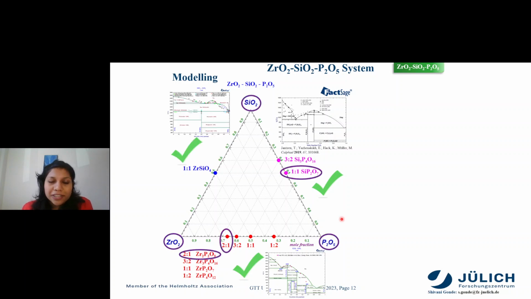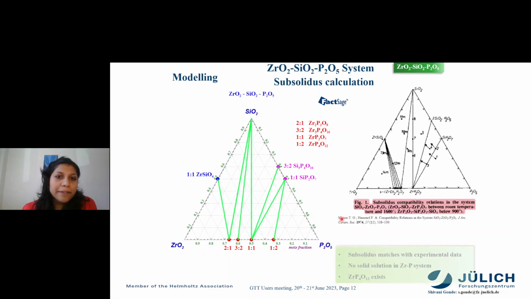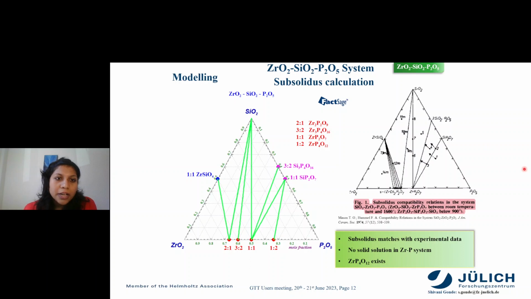In the absence of any ternary compound, only the interactions in the liquid phase were modeled, and in this manner we have obtained a preliminary data set. This preliminary dataset was utilized for the modeling of the subsolidus equilibria, and when we compared our model with that of the experimentally obtained subsolidus equilibria, we see that they are in good agreement.